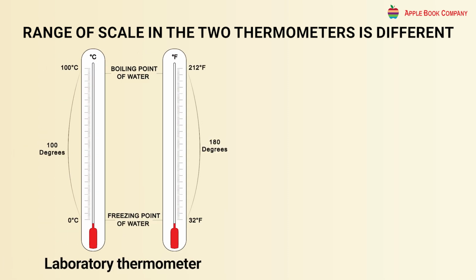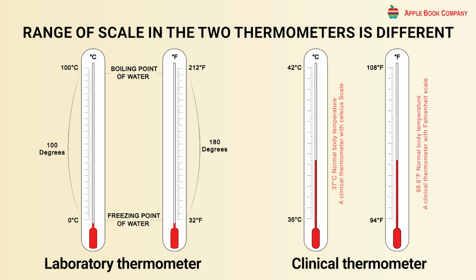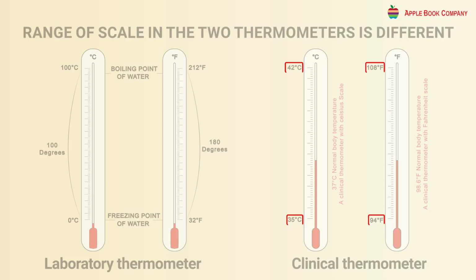The range of a laboratory thermometer is 0 degree centigrade to 100 degree centigrade, or 32 degree Fahrenheit to 212 degree Fahrenheit. The range of a clinical thermometer is 35 degree centigrade to 42 degree centigrade, or 94 degree Fahrenheit to 108 degree Fahrenheit.